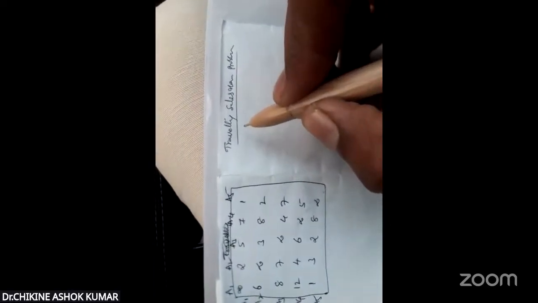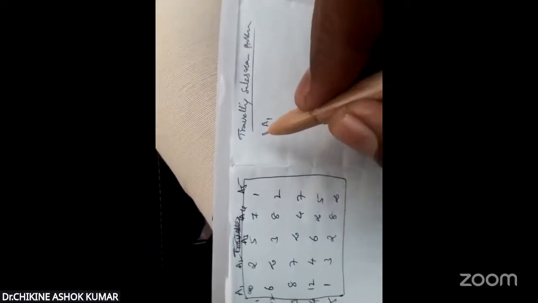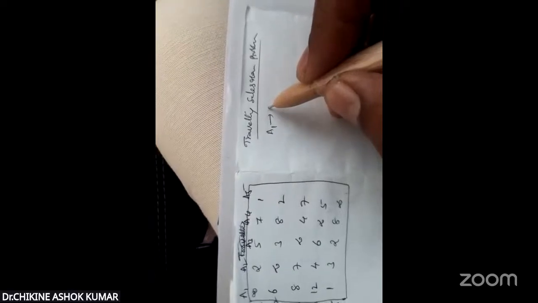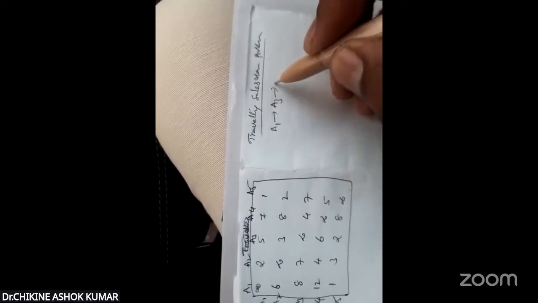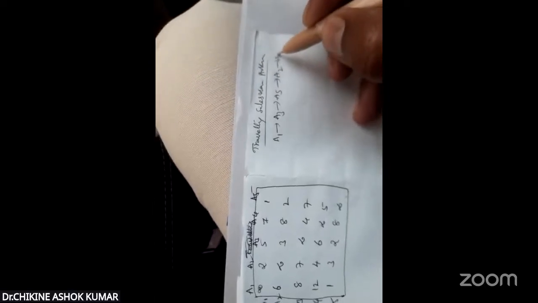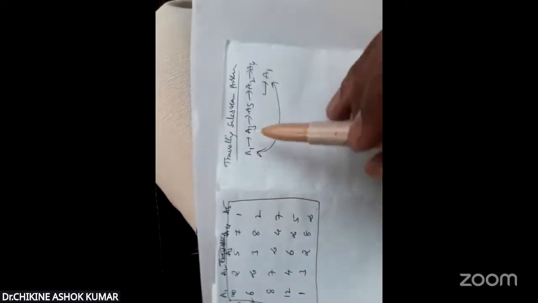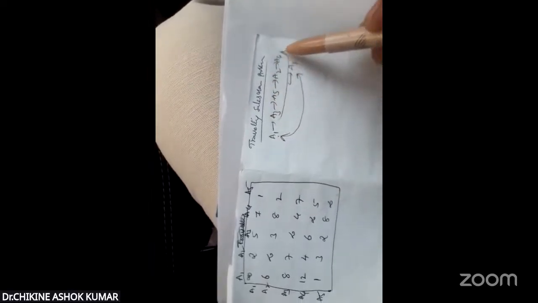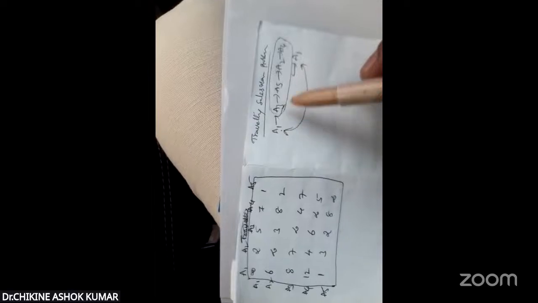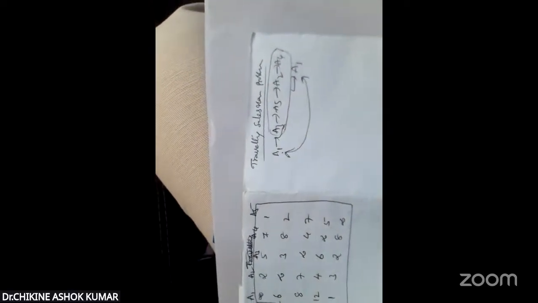Let us suppose the final assignment is like this: starting at A1, A1 is assigned to some A3, A3 is assigned to A5, A5 is assigned to A2, A2 is assigned to A4, and finally A4 is assigned again to A1. So the starting and ending assignments must coincide, and in between, all intermediate branches are visited only once. Then this kind of problem is called a traveling salesman problem.